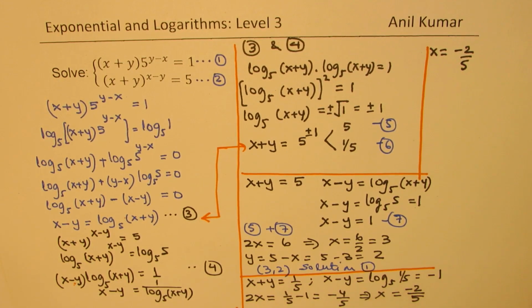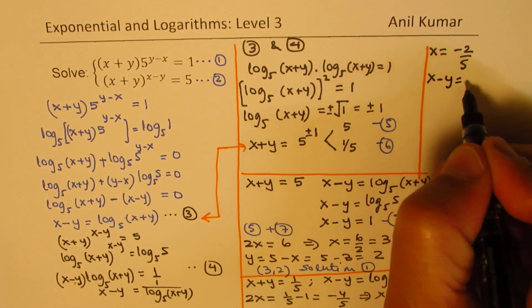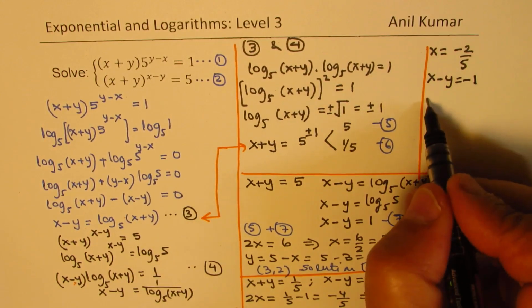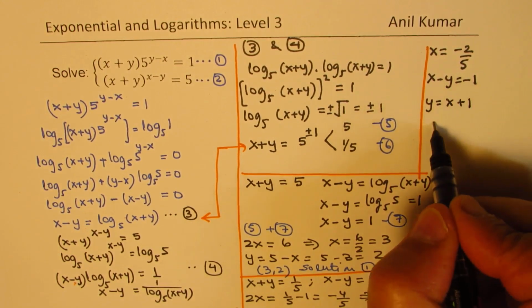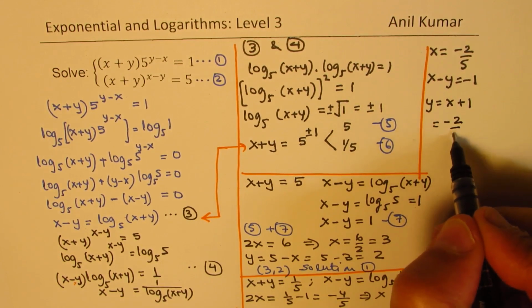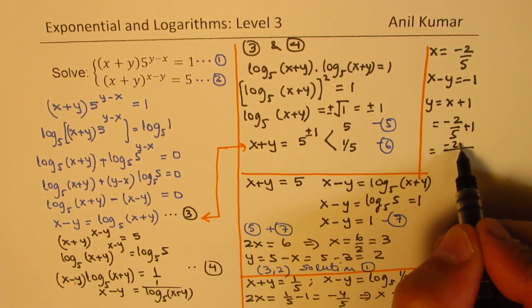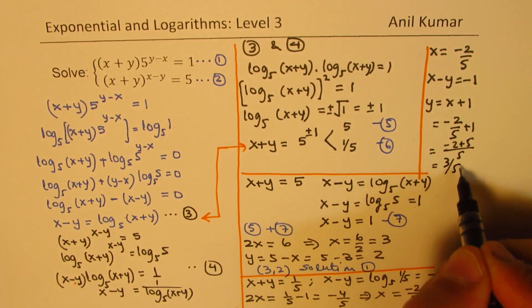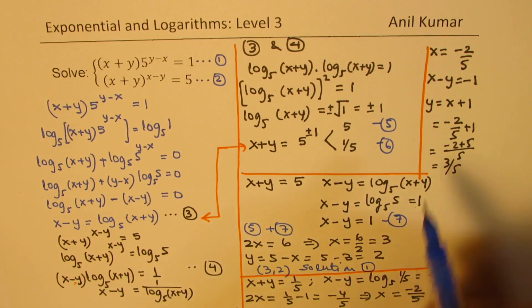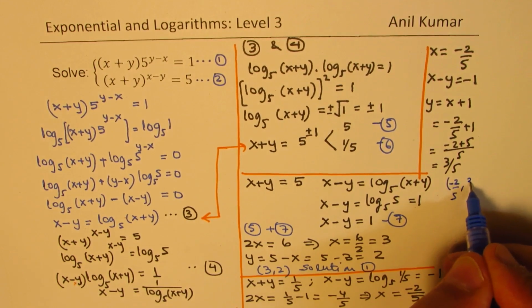And we know that x minus y is minus 1. So that means y is x plus 1, correct? Okay. So we get minus 2 over 5 plus 1. So that gives you minus 2 plus 5 over 5, which is 3 over 5. So the second solution which we get is minus 2 over 5 and 3 over 5.